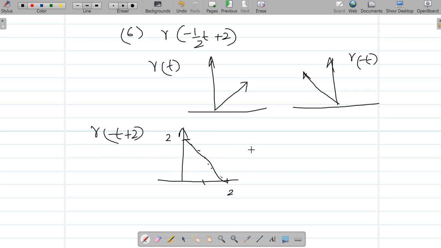Now r of negative half t plus 2. What I have to do is just multiply the time axis by 2. If the scaling of the time is a fraction, then you have to multiply the time axis.